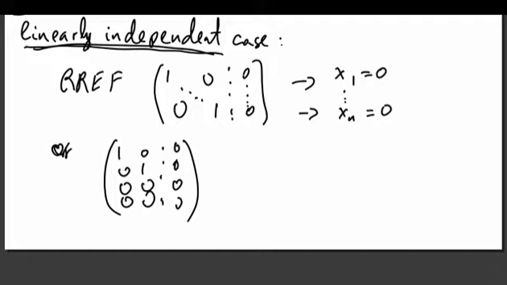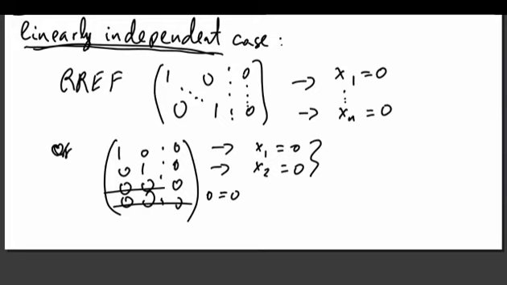In that case, these last rows do not matter, because they don't give any information. They just say that 0 equals 0, which everybody knows and nobody cares about. And still the first non-zero rows say that the corresponding variables x1 and x2, or maybe more, should be equal to 0, which again indicates linear independence.